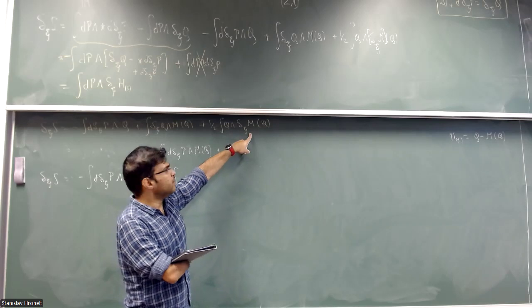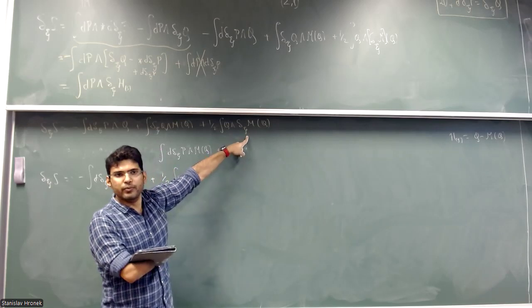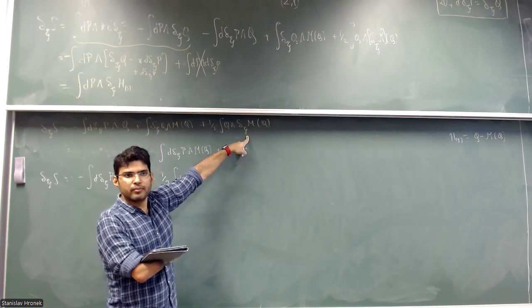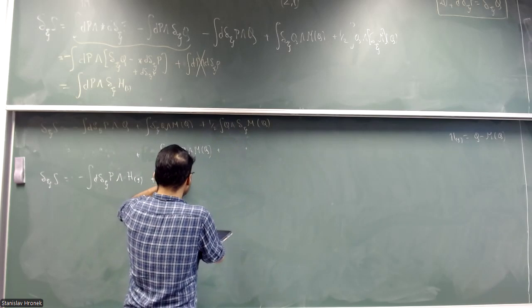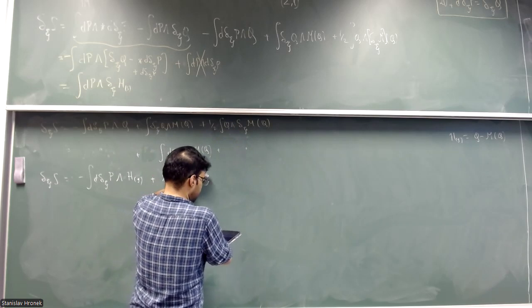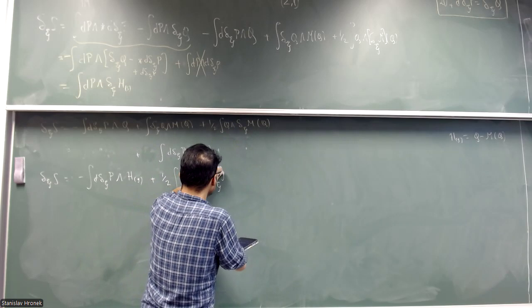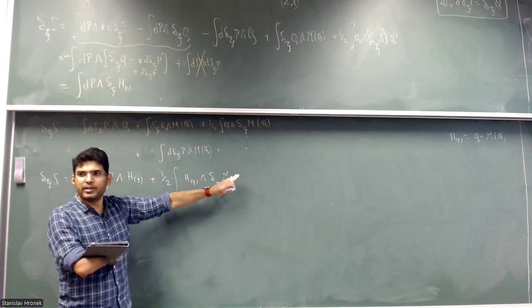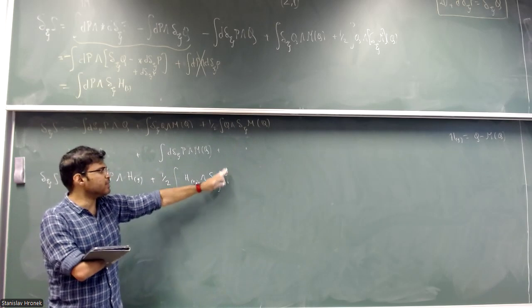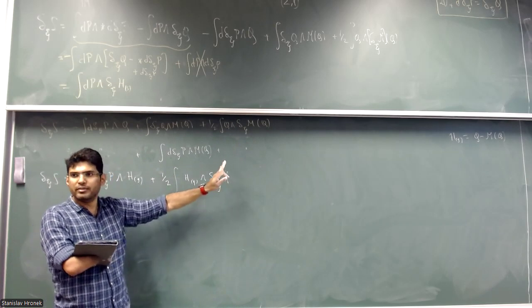Because if M is anti-self-dual, delta psi of M is also anti-self-dual. So I can write this thing as HG, H delta psi of M. And now I'm suppressing this M of Q thing here because what is really important is the transformation of the M, the map itself.